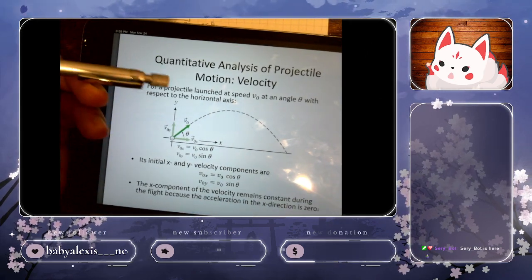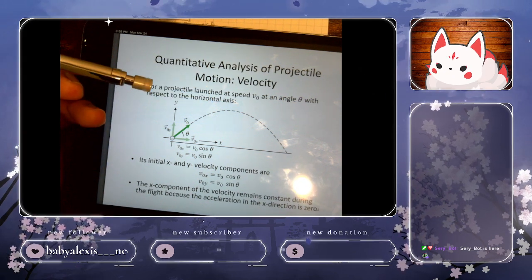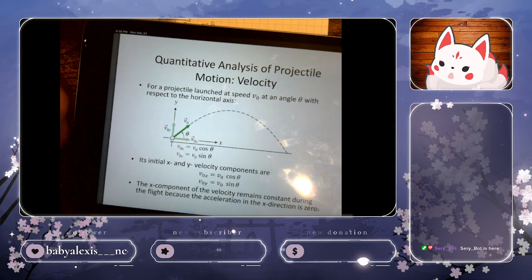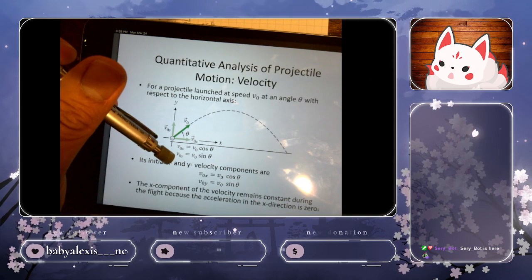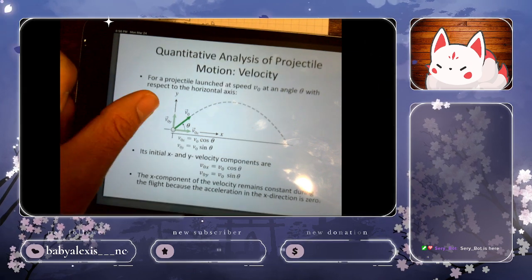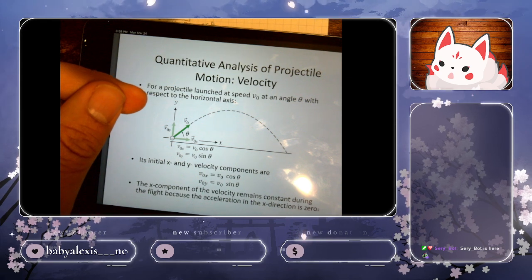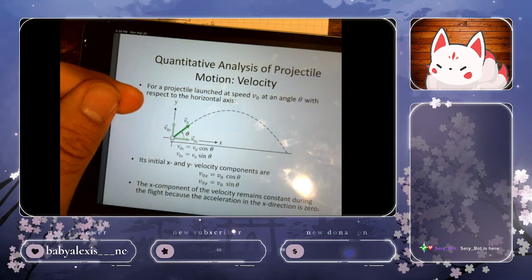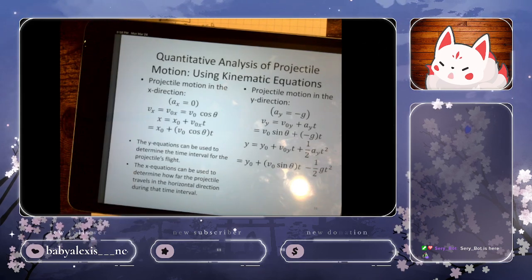For a projectile launched at the speed v0 at the angle theta with respect to the horizontal axis, its initial x and y velocity components are v0x. The x component of the velocity remains constant because nothing's affecting it, because the acceleration is 0 in the x direction.